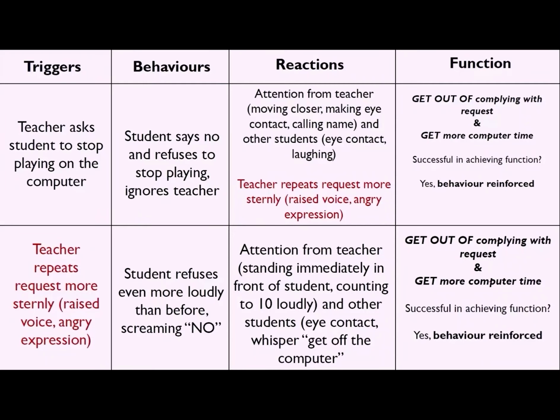Other students also give attention, eye contact, laughing. Teacher issues a request in a louder, more stern voice to turn off the computer. So what's happened here is that we have potentially multiple functions: getting out of something unpleasant, which is turning off the computer, or getting something tangible, which is getting more computer time. So potentially reinforcement has happened.